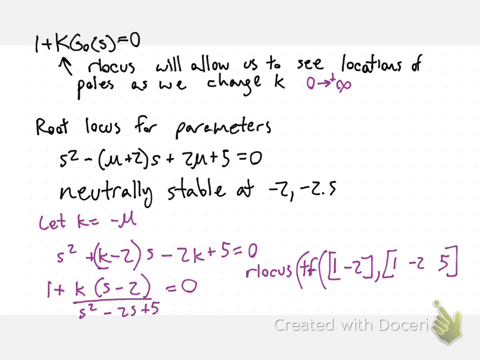We're just going to make sure that we are not doing 1 minus 2, but we are doing a 1 and a -2 with a space in between. And if we plot this, we can now visualize the effect of changing k from 0 to infinity, which would be the equivalent of changing mu from 0 to -infinity.